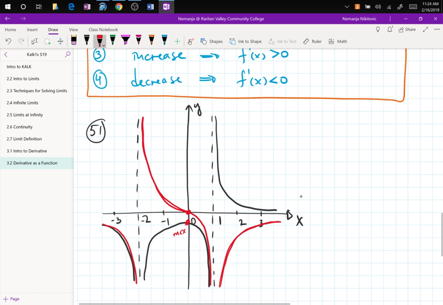Because I just need to know whether the derivative is above or below the x-axis. If it's above the x-axis, the function is increasing, I'm making money. If it's below the x-axis, the function is decreasing, I'm losing money. So it's much faster to just say, oh, I know the derivative is below, derivative is above, derivative is below, derivative is below. So sell, sell, sell, right?